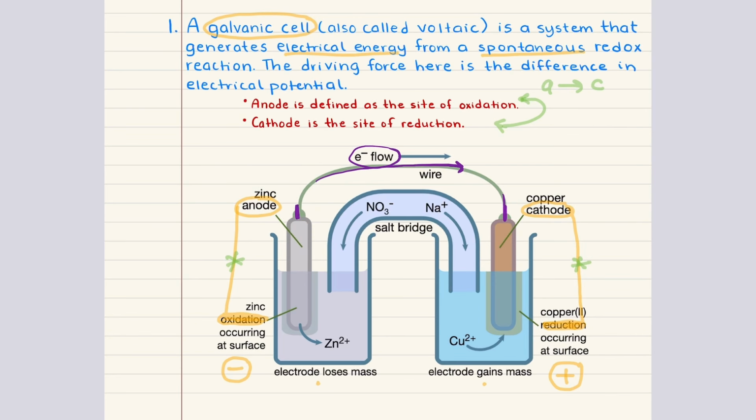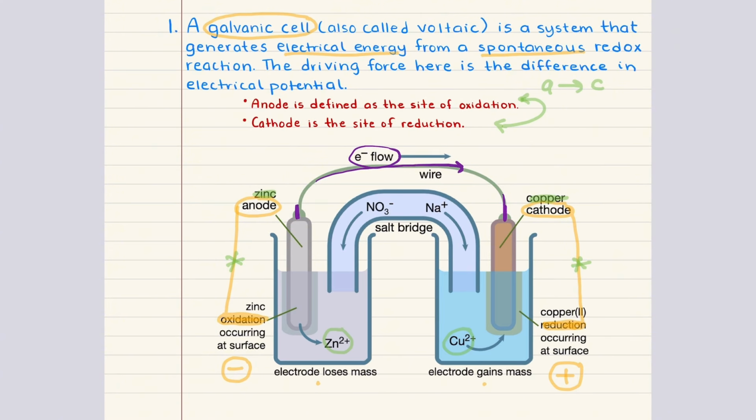Now, each half cell typically consists of a metal electrode immersed in a solution containing the corresponding metal ions. If we look at a zinc copper cell, which is what's shown in this diagram, the zinc electrode is placed into a solution that contains zinc 2+ ions. And the copper electrode is placed into a solution containing copper 2+ ions.